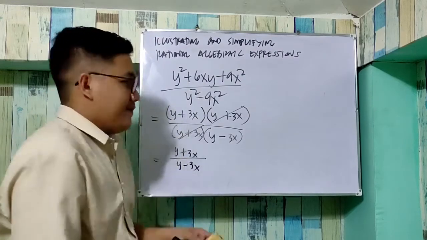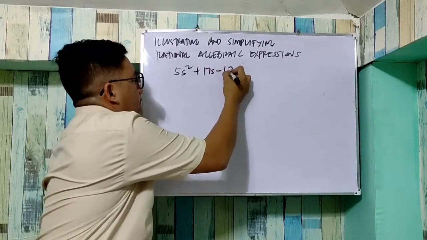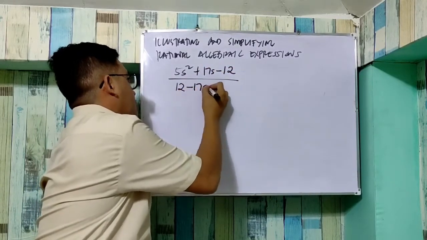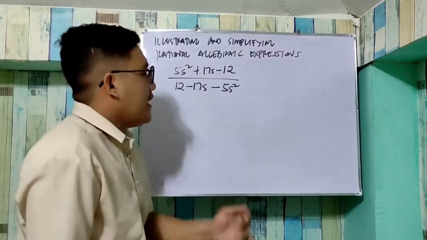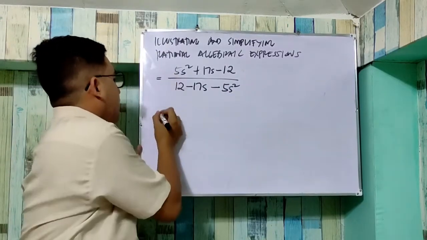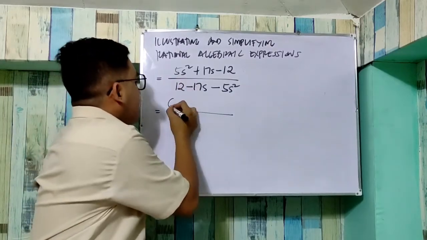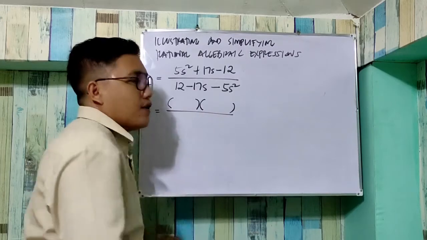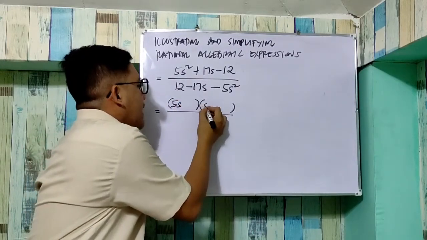Last example. Okay, so let us have another example. Let us factor the numerator first. So we have 5s squared. Walang ibang factor ang 5, 1 and 5. So we have here 5s and s.